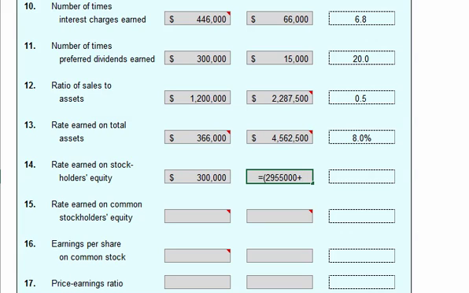Total stockholders' equity at the end of 2016 is $3,230,000. We're going to add those two together and divide by 2. Our average total stockholders' equity is $3,092,500, which means our rate earned on stockholders' equity is 9.7%. On these rate earned, you want to see those be as high as possible.